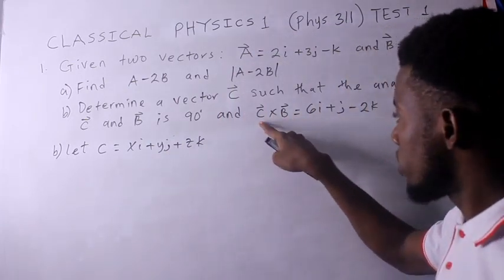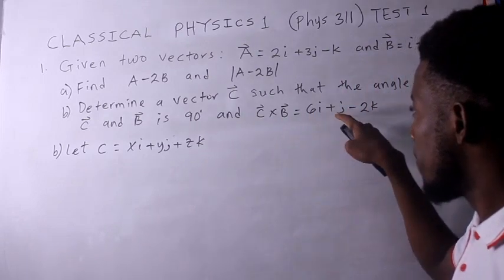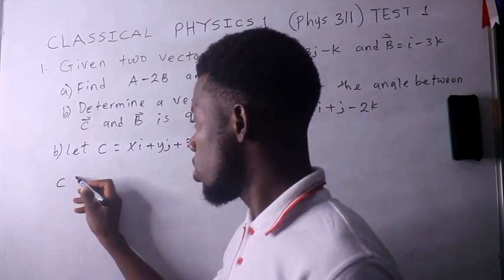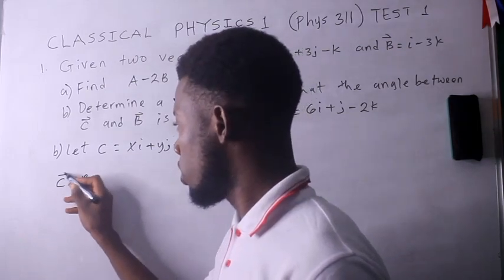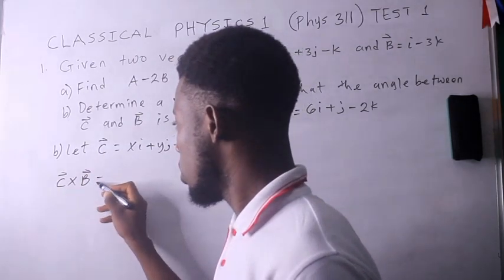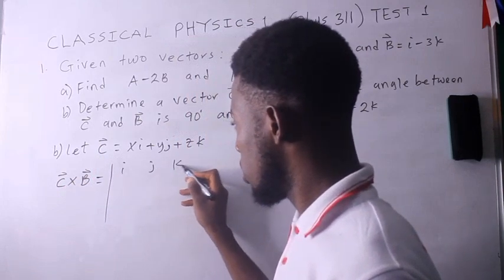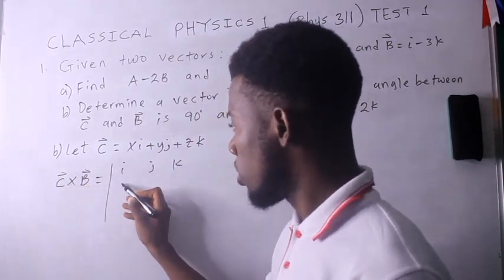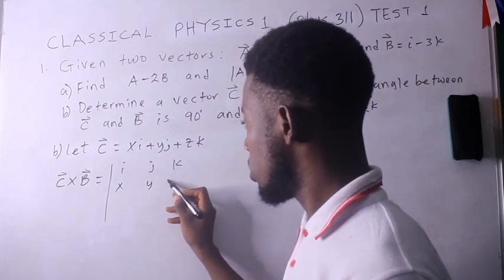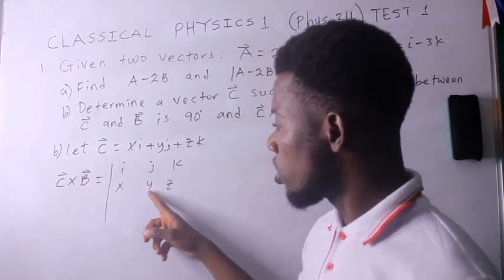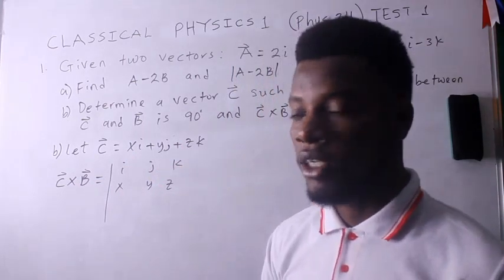We know that C cross B is 6i plus j minus 2k. So C cross B, what is that? C cross B is i, j, k. What is vector C? x, y, z. The i component of vector C is x, the j component is y, and the k component is z.